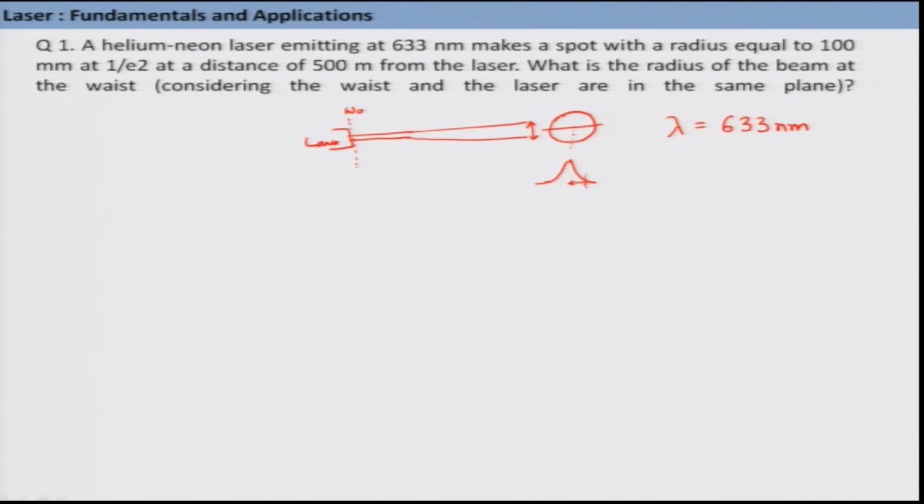So now we have to find out the value of omega 0. This is some beam radius, so just omega. Now how can we do that? We have also learnt the relation between the beam waist and the beam divergence in one of the previous classes.